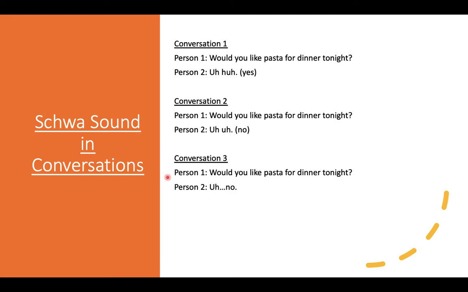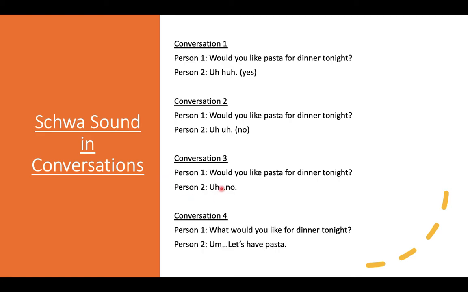Would you like pasta for dinner tonight? Um, no. Sometimes we soften the sound by putting an M in it. Here's another example. What would you like for dinner tonight? Hmm, let's have pasta. Again, this isn't actually a word. It's a sound we make, and we soften it sometimes with the letter M.